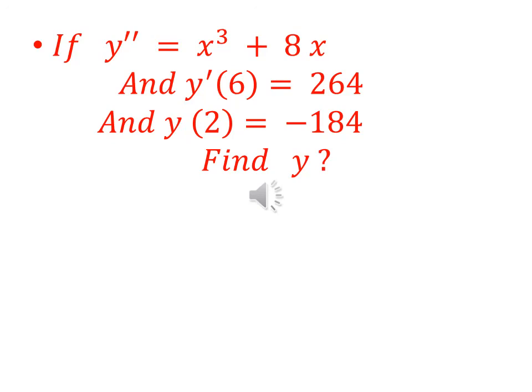First integrate y double dash to get y dash with a constant, and using y dash of 6 we get this constant. After that, integrate y dash again to get y with another constant. Substitute y of 2 equals negative 184, we get the constant, so we get y.